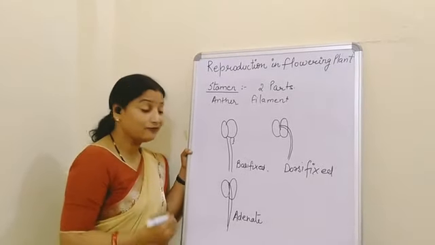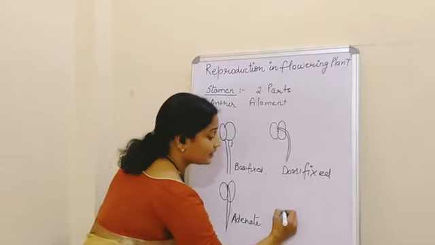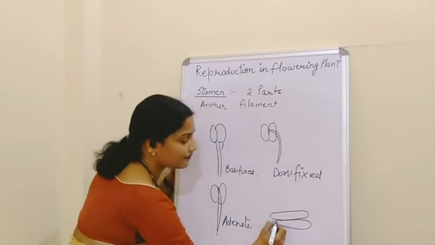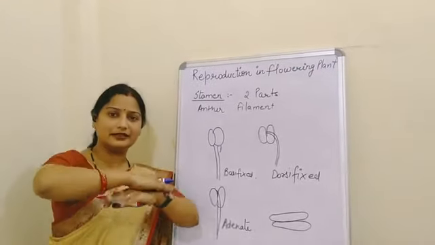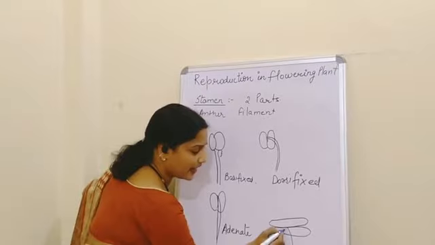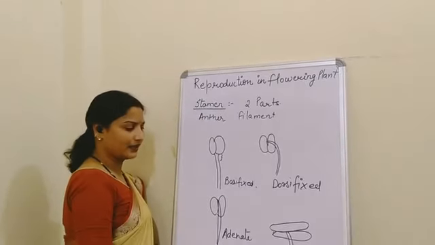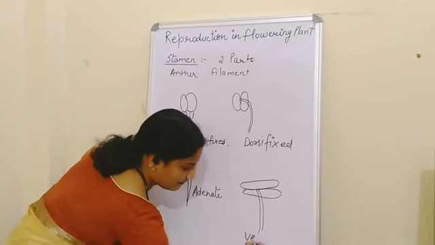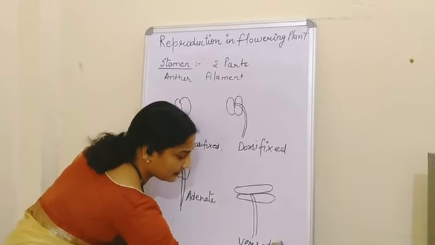And the 4th important type is, suppose the anthers are like this. Okay, the 2 parallel anthers are like this. And if the filament is attached here, clear? Then it is called versatile.